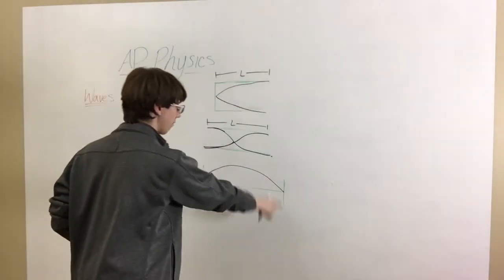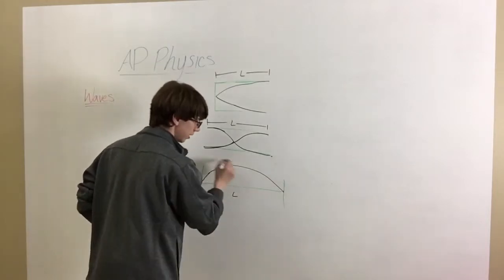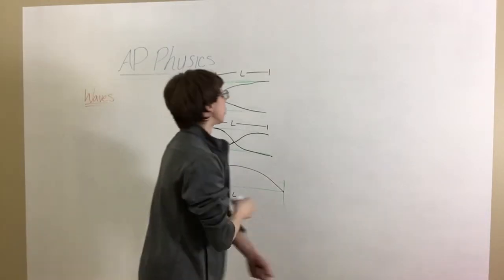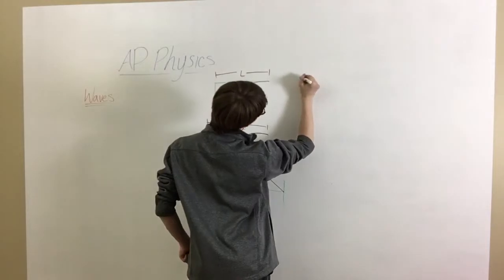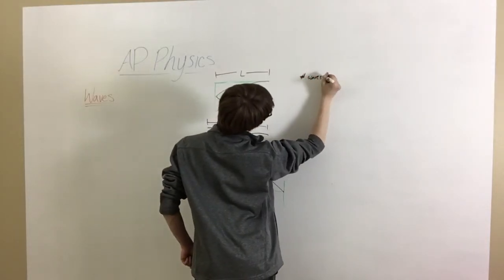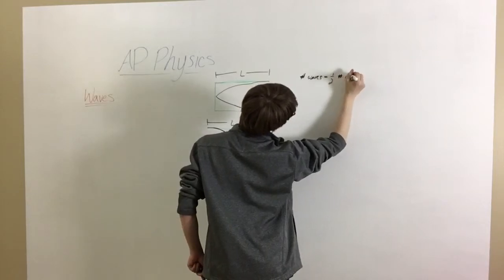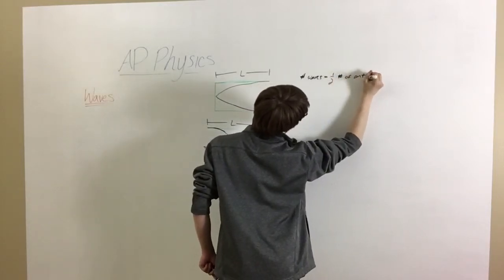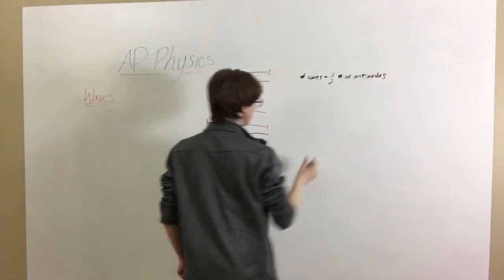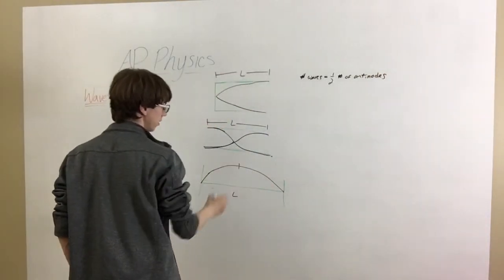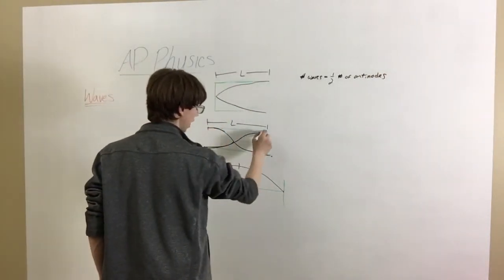So this is half of a wave, right? Because there's only one crest here. So the number of waves is equal to half the number of antinodes. Okay, so there's one antinode here, and there's half of one here and half of one here.